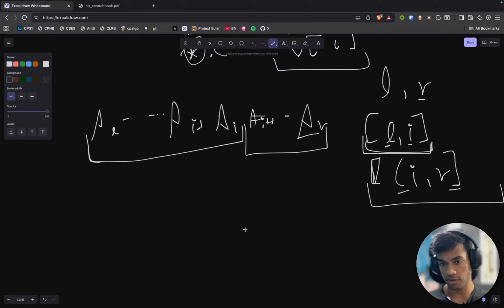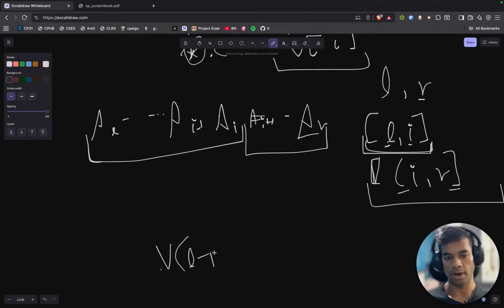This one will give us a matrix whose number of rows is going to be V[L minus 1], and the number of columns is going to be the number of columns in this matrix, which is V[I].